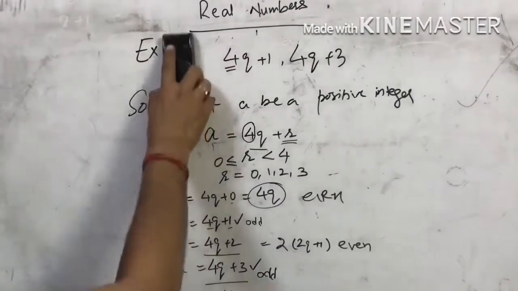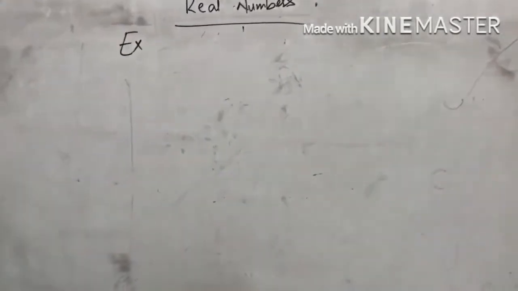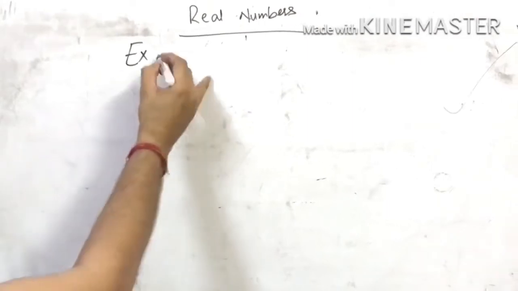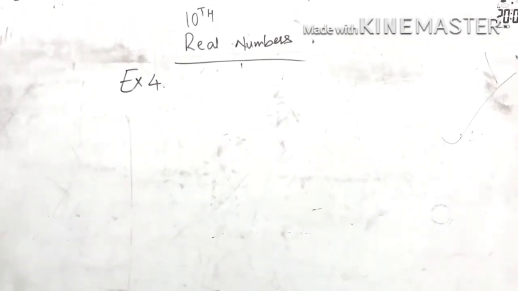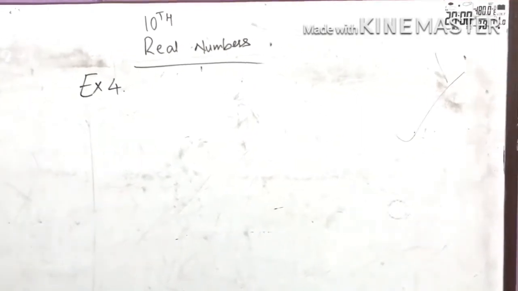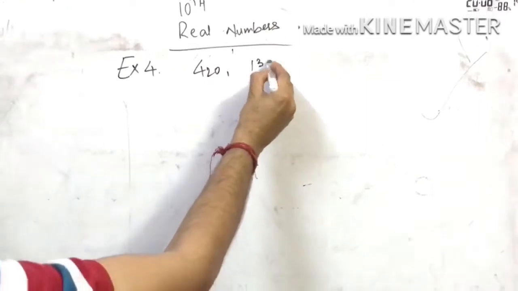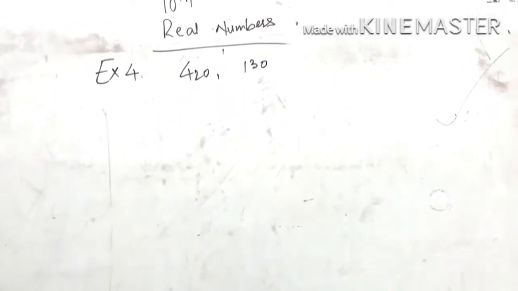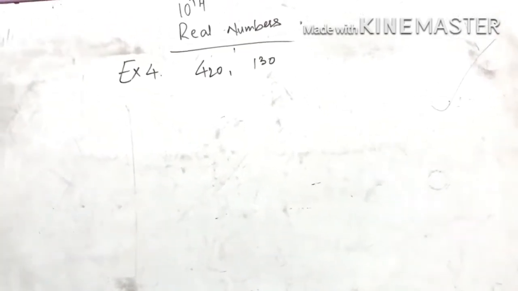Let's do example number 4. As per example number 4, a sweet seller has two types of burfis, 420 kaju burfis and 130 badam burfis. What she wants is that each stack has the same number.